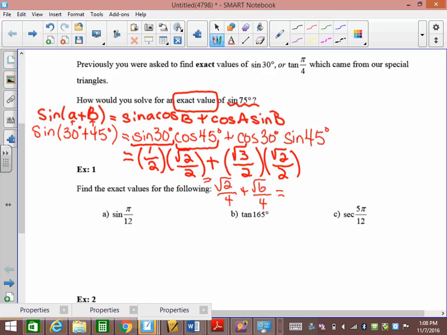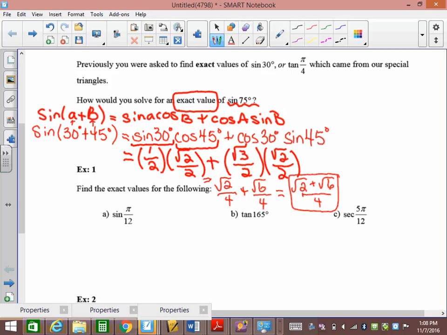I can't put these together. It's like having 2x plus 3y plus 2x. I can only put the x's together, right? It's the same rules as radicands. So my answer is going to be root 2 plus root 6 over 4. And that's the exact value.